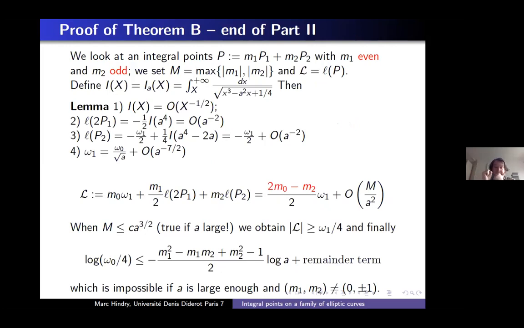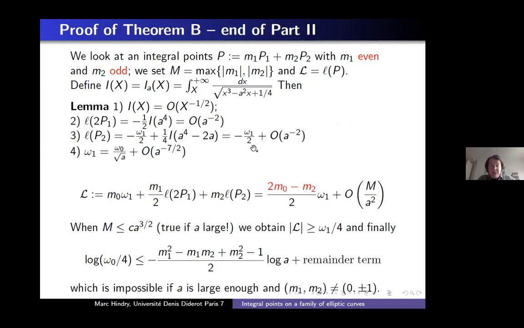Now we look at integral points, with M1 even and M2 odd. It doesn't work out otherwise, but it's good because it's exactly the point that we need to look at. Then the logarithm of 2p1 is quite small, bounded by A to the minus 2.